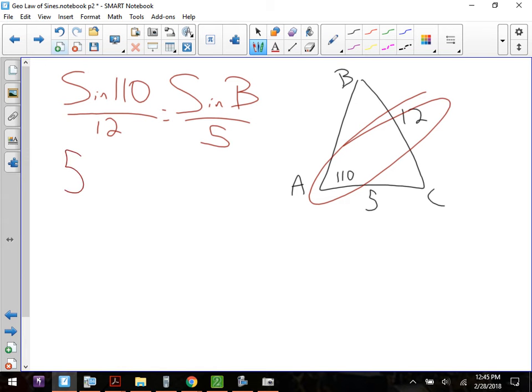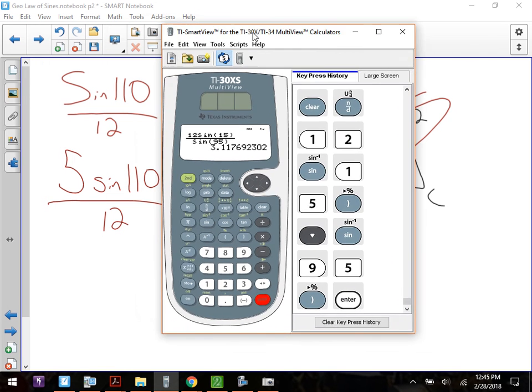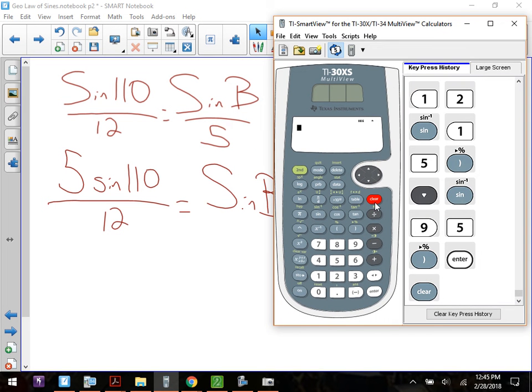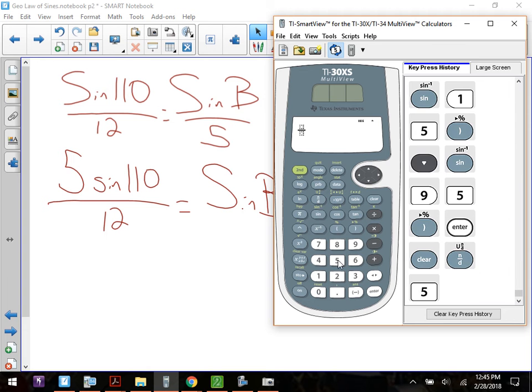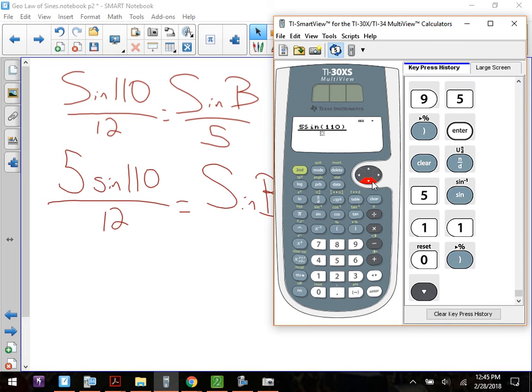We get 5 times the sine of 110 over 12 is the sine of B. At that point, since you're trying to find an angle, you really don't need to do anything else but press buttons. Fraction bar, 5 sine 110 over 12.